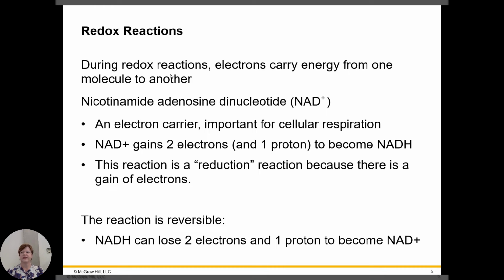So really the NAD is picking up electrons from one compound and then carrying them and giving them away to another compound. So that's why we call it an electron carrier. It's just a pickup and a drop off in the middle of this series of reactions that we're about to talk about.